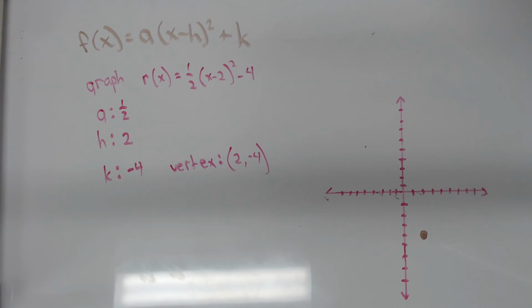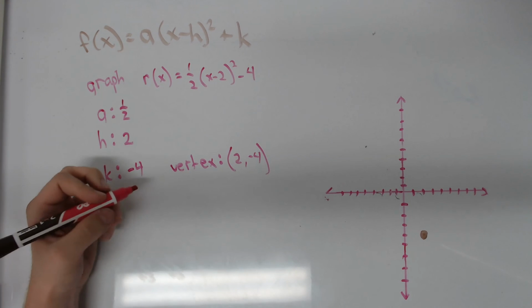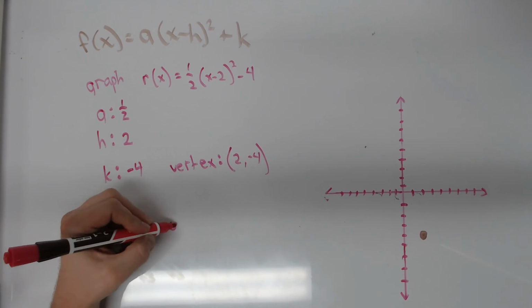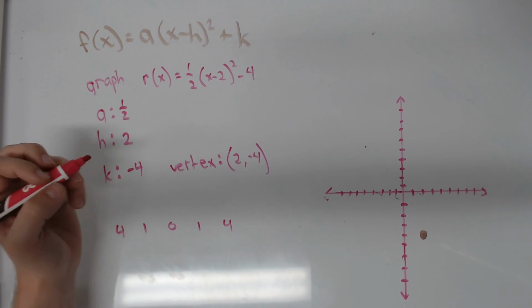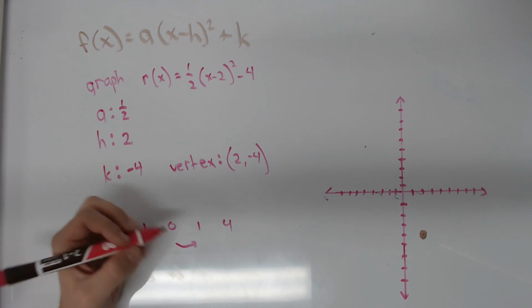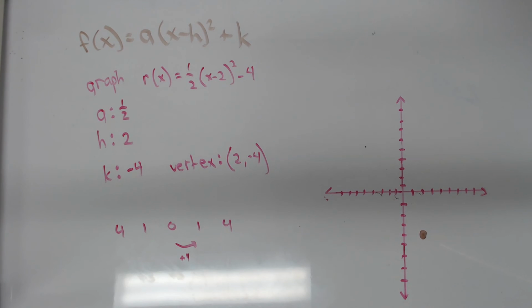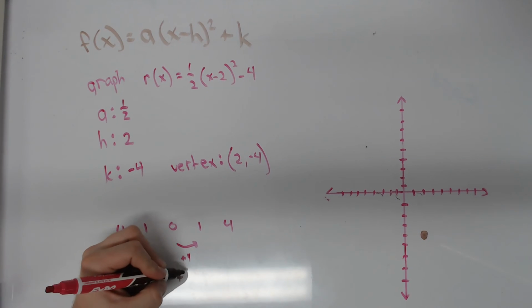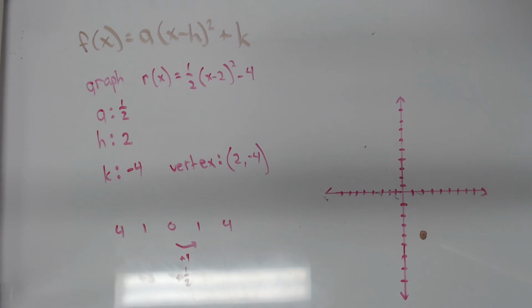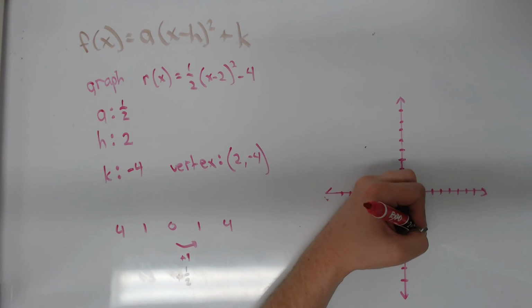All right, now I've got a stretch of 1/2. So I'd go over 1 and up plus 1 instead. Mine does plus 1/2. So ours isn't going to go up as much. Over 1, up 1/2.